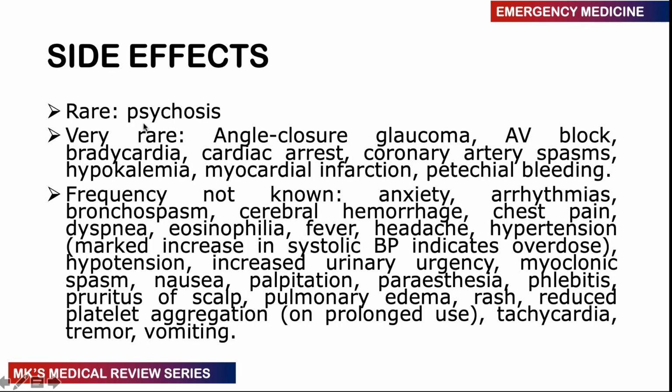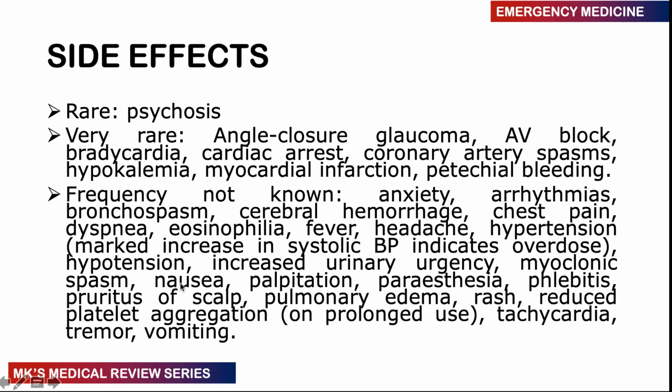Side effects that are rare: psychosis. Those that are very rare, you may develop angle closure glaucoma, AV block, bradycardia, cardiac arrest, coronary artery spasms, hypokalemia, myocardial infarction, petechial bleeding. And those where the frequency is not often known or they haven't been reported as much but have been seen are things like anxiety, arrhythmias, bronchospasms, cerebral hemorrhage, chest pain, dyspnea, eosinophilia, fever, headache, hypertension.